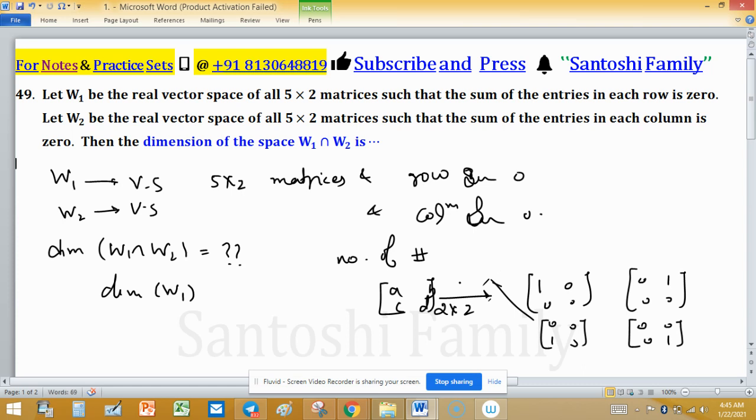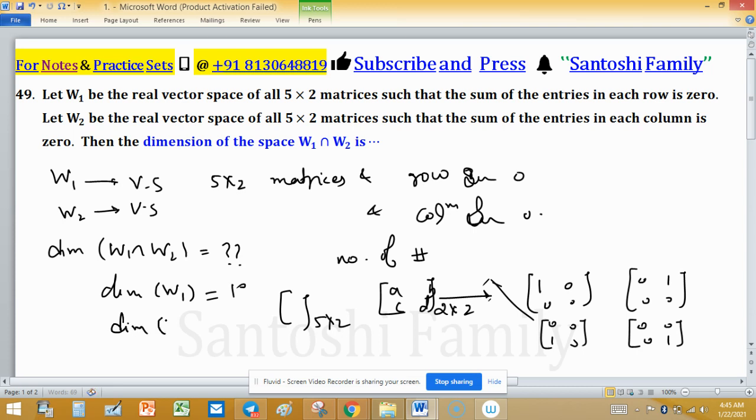So if a matrix is given, the number of free elements is considered as the dimension of the space. The size of W1 is 5 by 2, so the maximum possible entries are 10, so its dimension is 10.